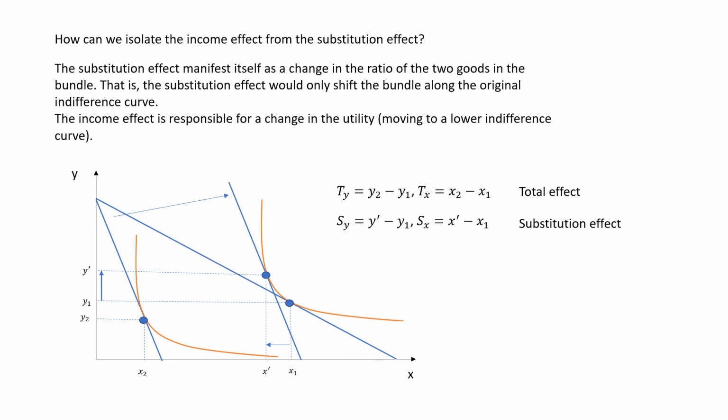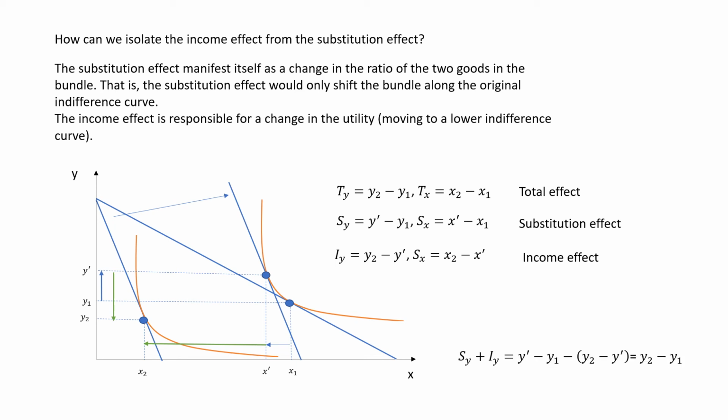So if there was no income effect at all, then the consumer would simply consume less x and more y. But this is not the only effect, because the rest of the change must be due to the income effect. Now you can see that the income effect is nothing else than, for y, y2 minus y prime, and for x, it is x2 minus x prime.